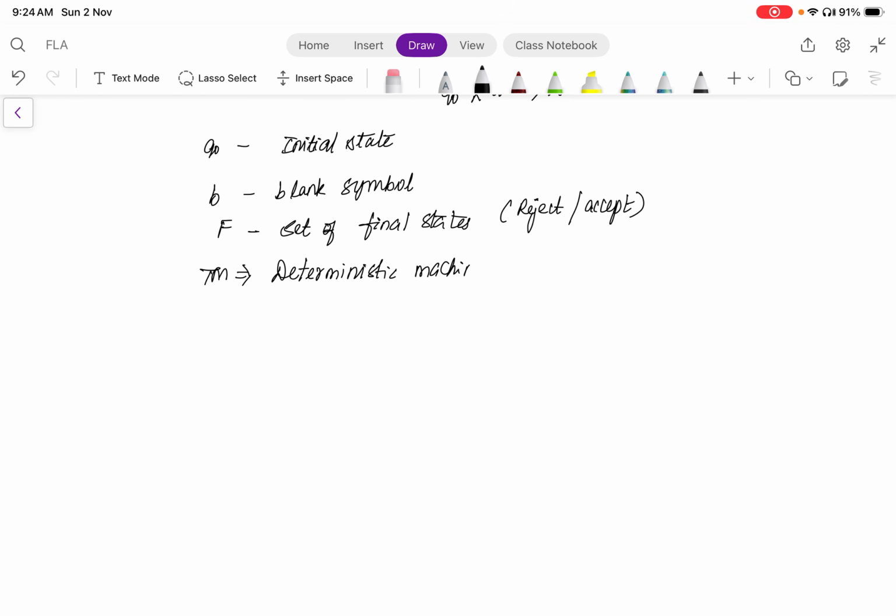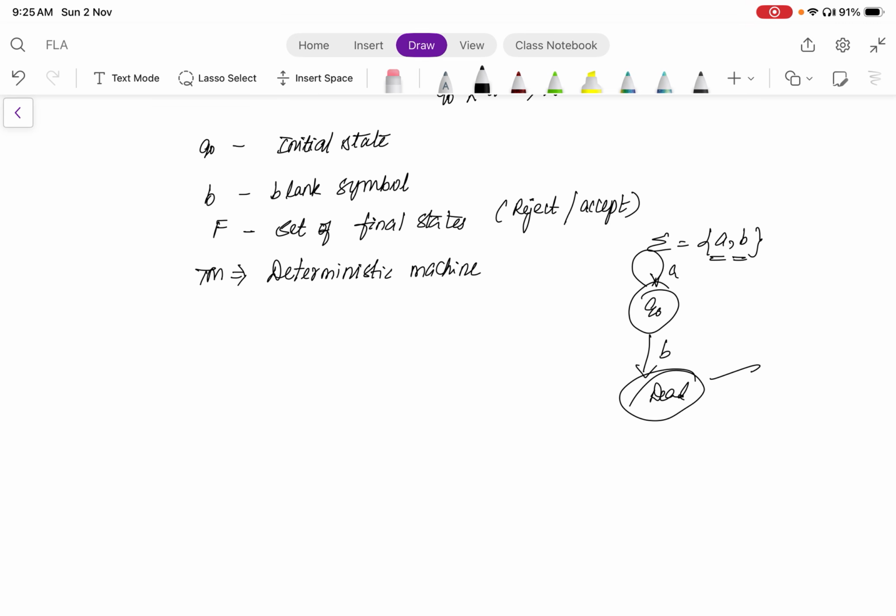What do you mean by deterministic? If the input alphabet is A, B, each state should have a transition for both the symbols. If it is not accepting B, then you send it to the dead state. But you don't have to mention all the transitions explicitly, like you did in FSM.